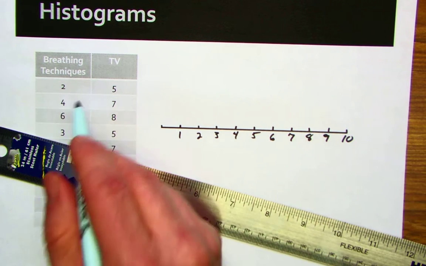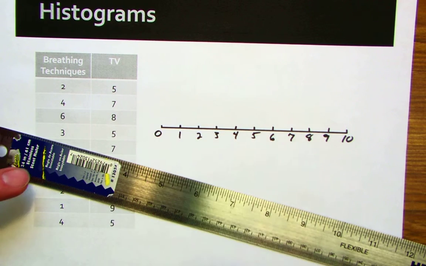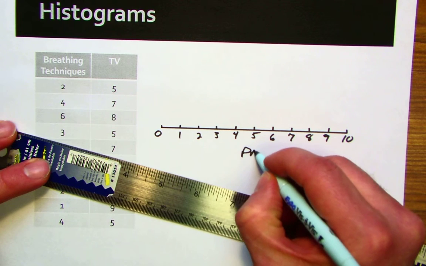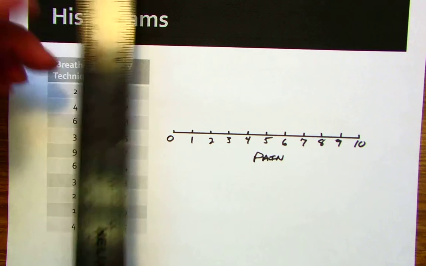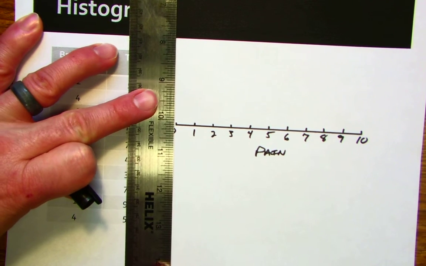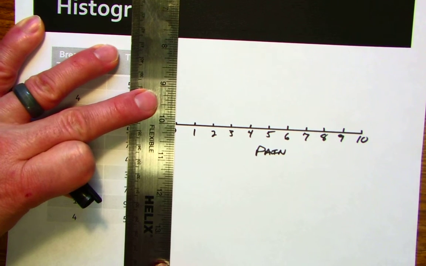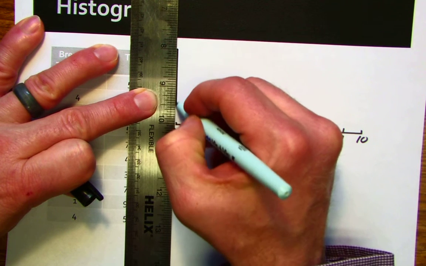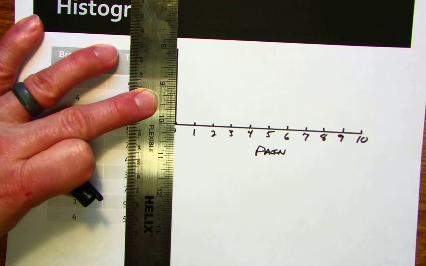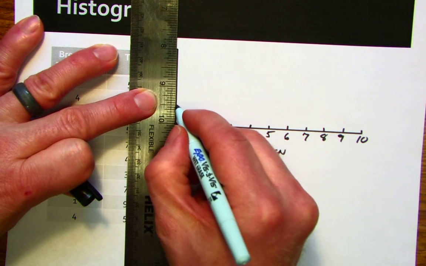And again, this is the pain levels going across here. So here's our dependent variable, their pain rating. And on this side, we're going to have the frequencies on the y-axis. So how often did a number 1 occur? Or how often did a number 2 occur? That's what we're looking at here.